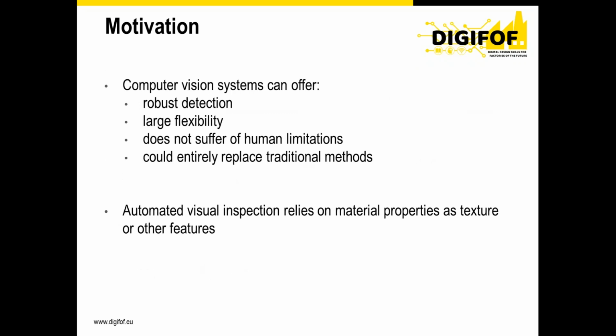I will also point out the fact that this kind of inspection, because it's done manually by humans, is actually based on vision, and computer vision can be, and actually is at this moment, used in the field due to the fact that it's very robust and flexible.